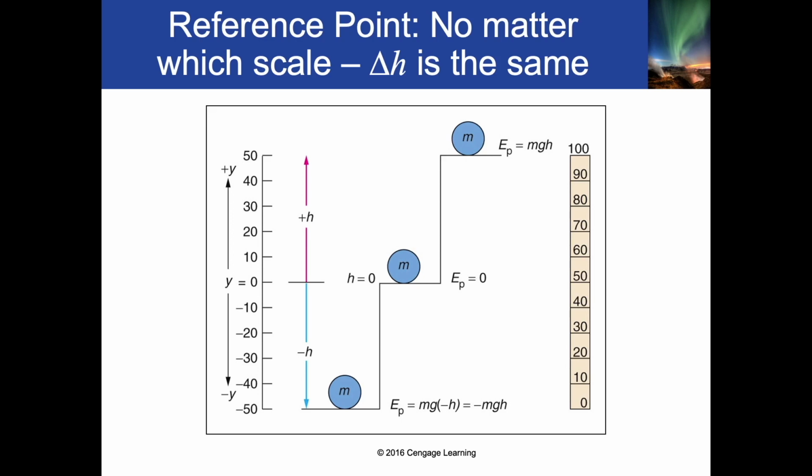If you're at 0 and you go up, that's plus y. When you go down, that's minus y, right? And you go minus 10, minus 20, minus 30, minus 40, minus 50 down. But then you can go positive 10, positive 20, 30, 40, 50 up. Okay? So when you have that at 0, that means your reference point is here at 0.